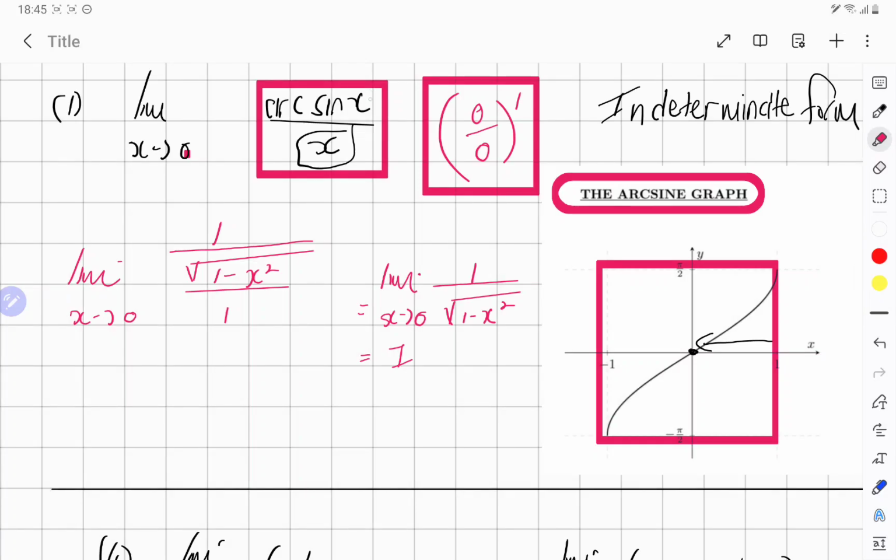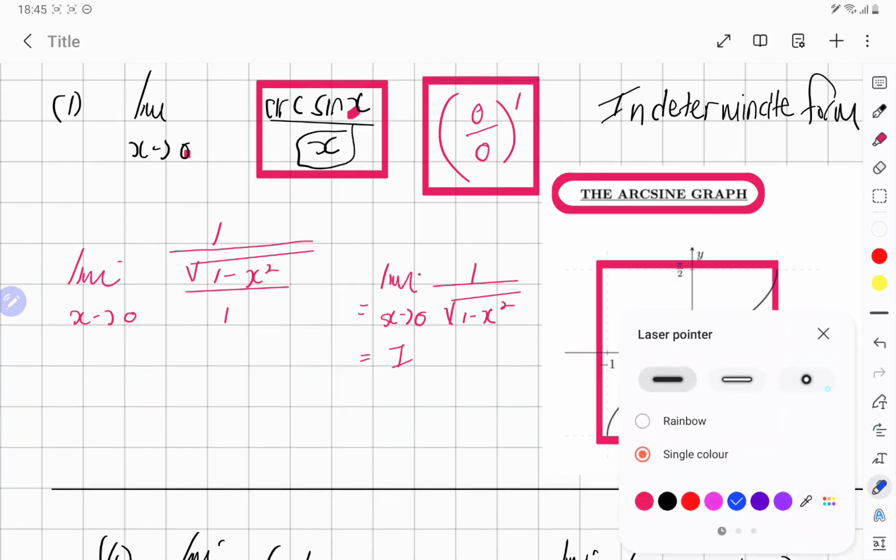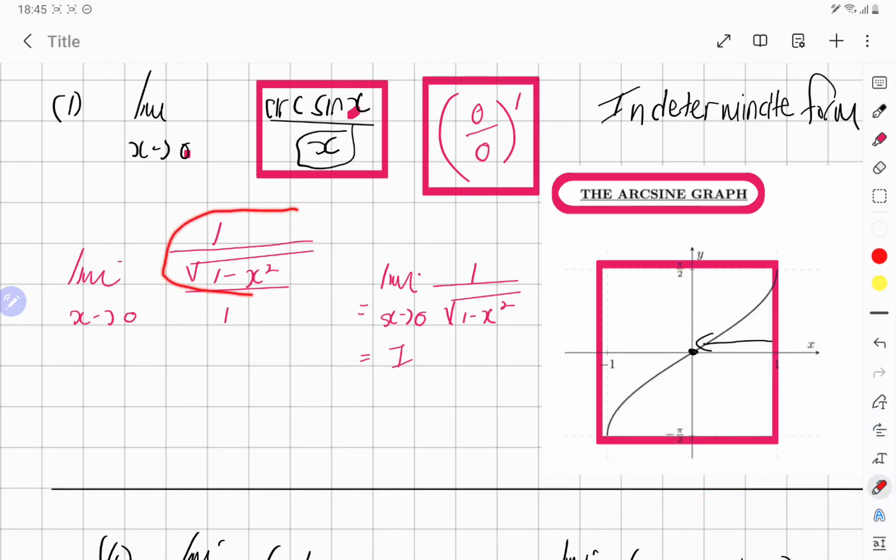What will I do? I will do the derivative of my numerator. So students still get that wrong sometimes. So by now you know that you really have to study your derivatives hard. The derivative of arc sine is 1 over square root of 1 minus x squared.